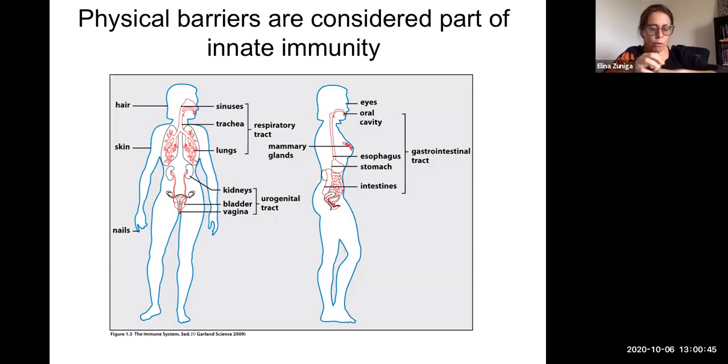So that's why if you have a disruption in the epithelium, for example, in the skin, then you can give an opportunity for a pathogen to get in, and maybe you have a little infection and inflammation in the part where you had the skin cut.